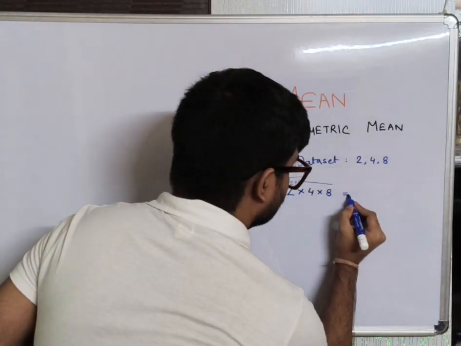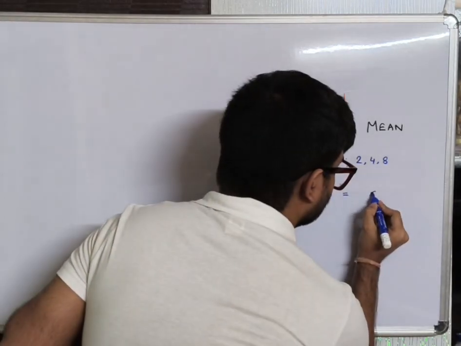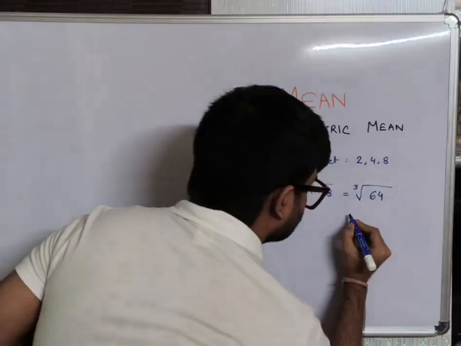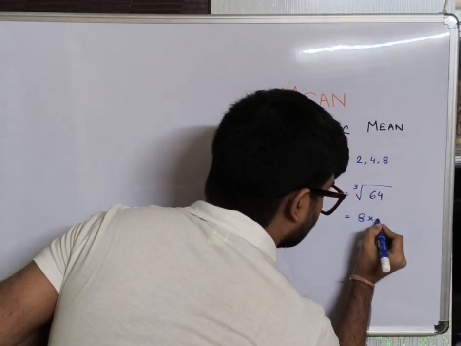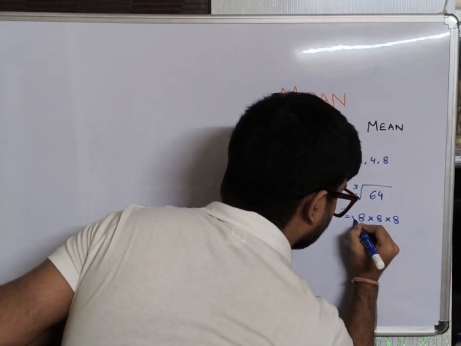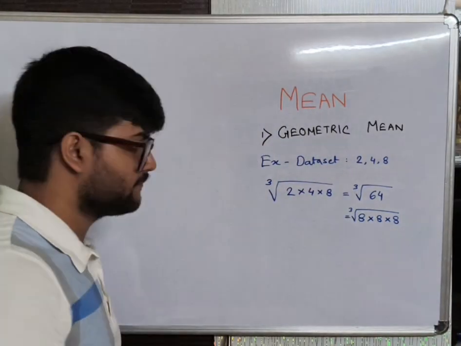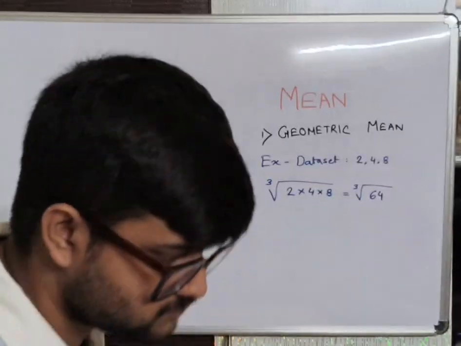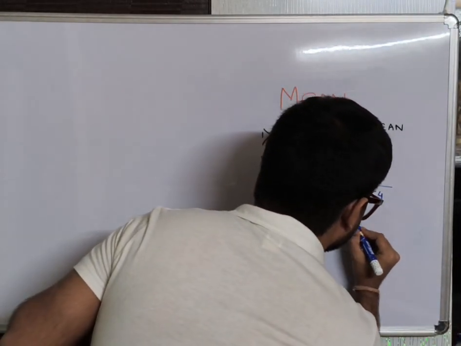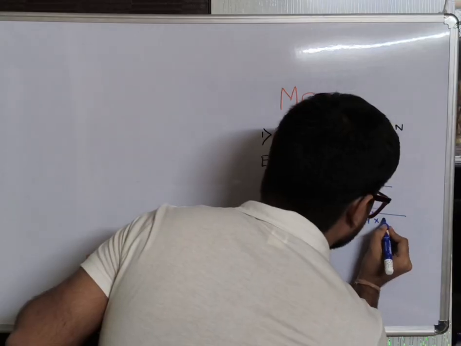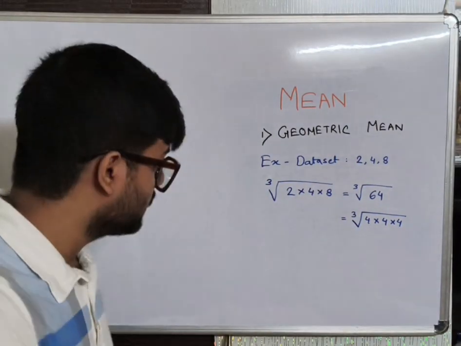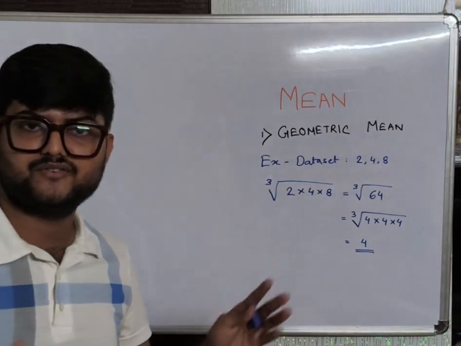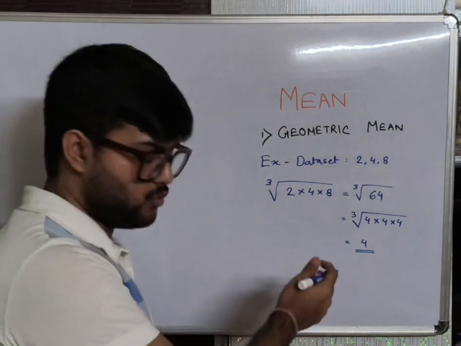So the product would be, right. From that we get, sorry, no, it would be, okay. From that we get the geometric mean that we have calculated, that is 4.